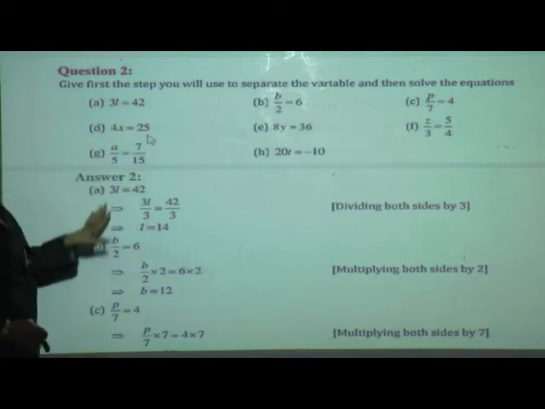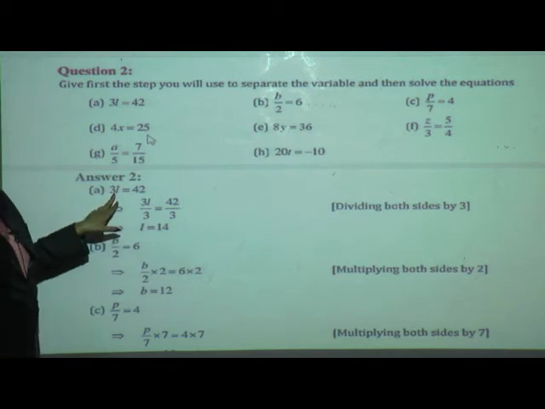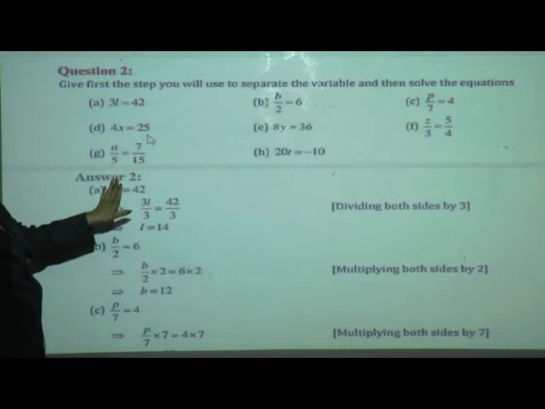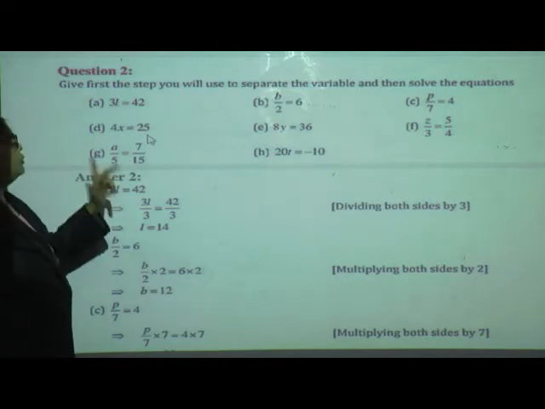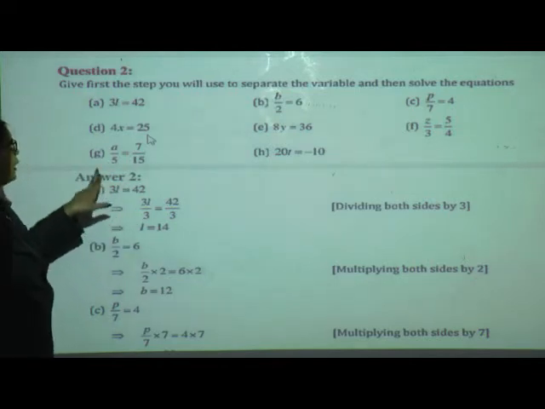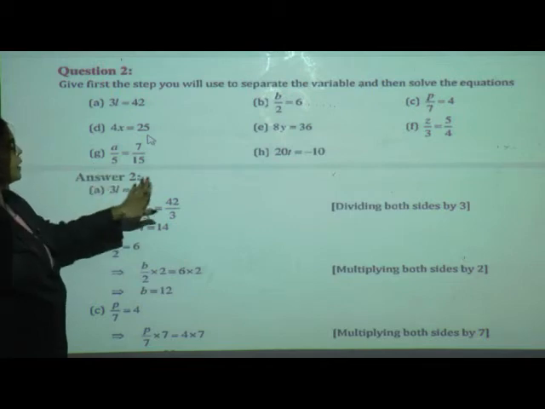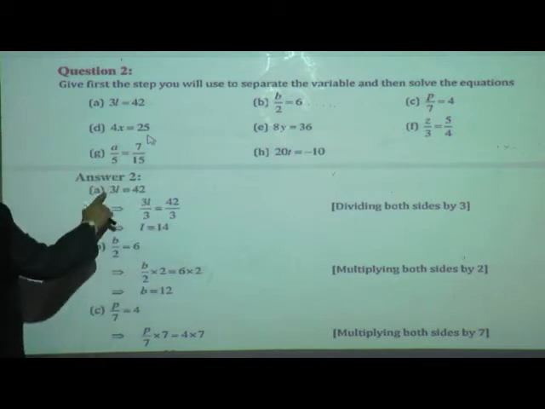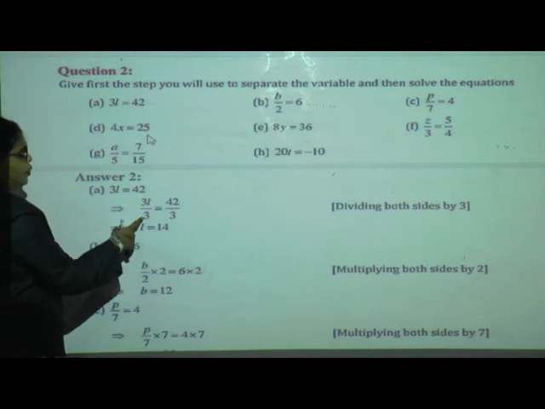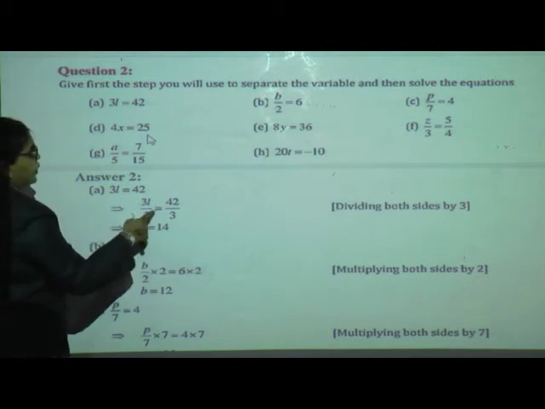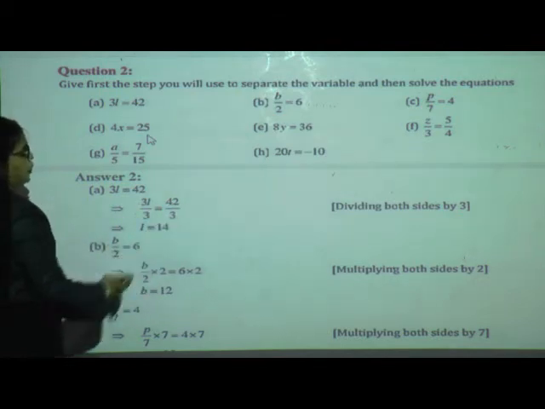3L is equal to 42. This is L, it's not a 31. It is 3L is equal to 42. You have to separate the variable L. So here we have a multiplication, so the same number you have to divide, which is the number 3. So divide 3 on both the sides, in the LHS as well as the RHS. So 3L upon 3 is equal to 42 upon 3.